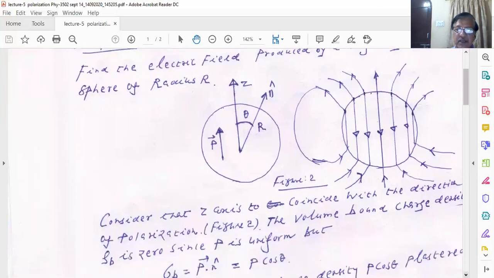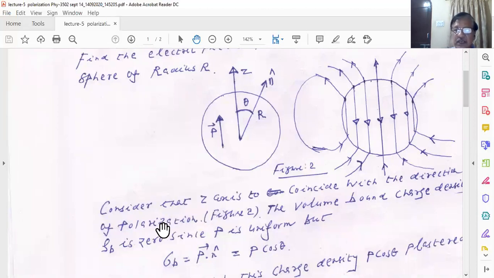I consider that the z-axis coincides with the direction of the polarization. The volume bound charge density, rho b, is 0, because whenever the polarization is uniform and the object is also uniform, as we have a sphere here, there are no volume bound charges in the interior of the sphere.